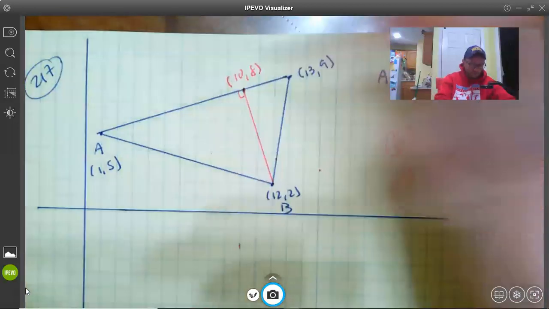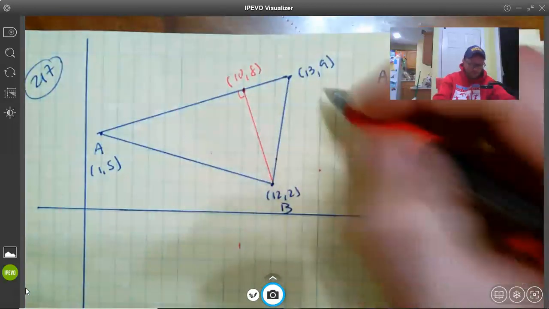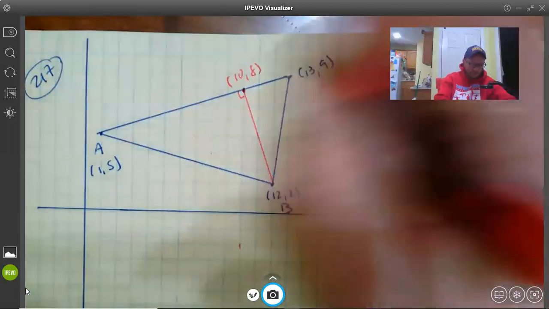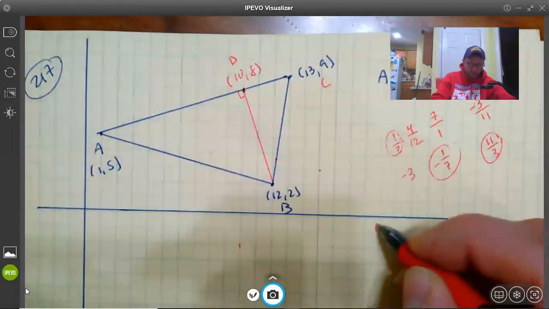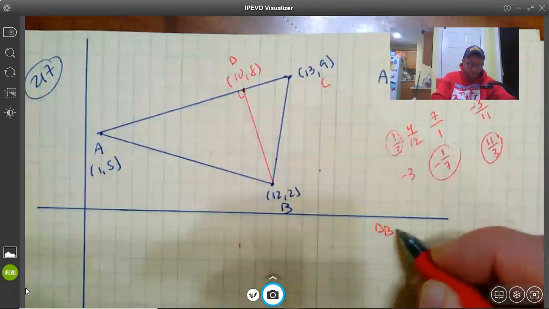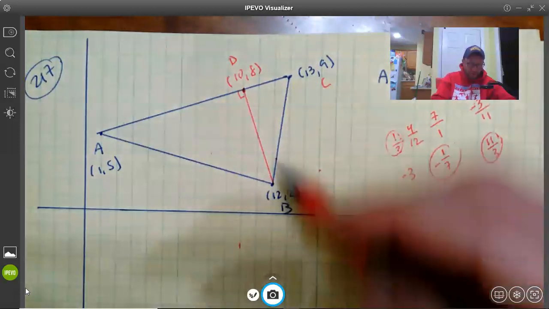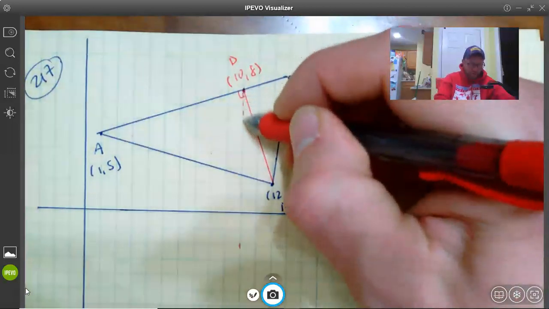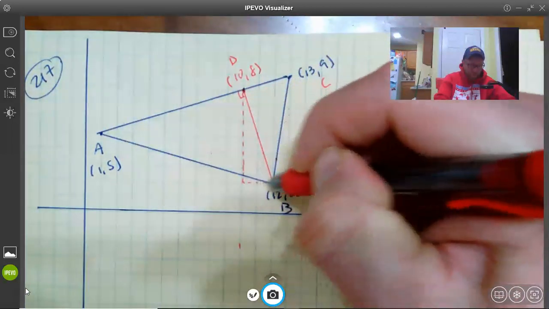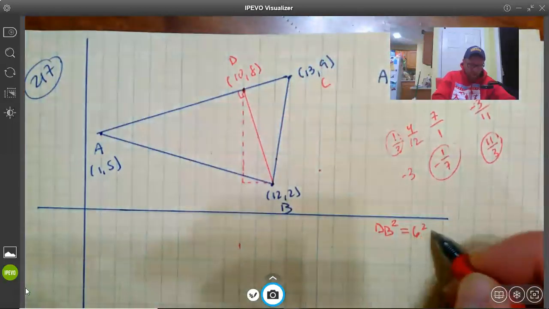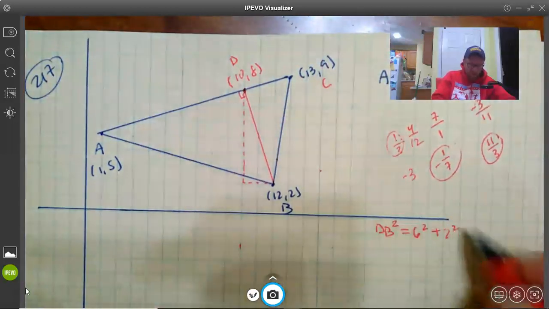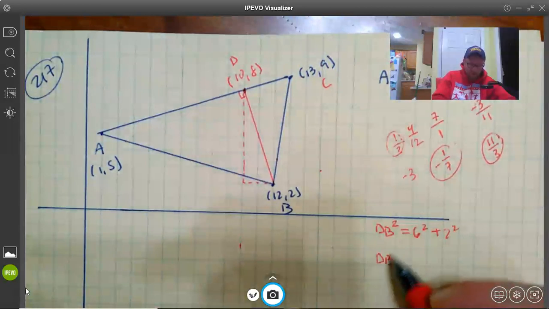We'll call this point A, B, call that C. We'll call this D. All right, so let's see. DB squared equals, let's see, from 1, 2, 3, 4, 5, 6. 6 squared plus 2 squared.